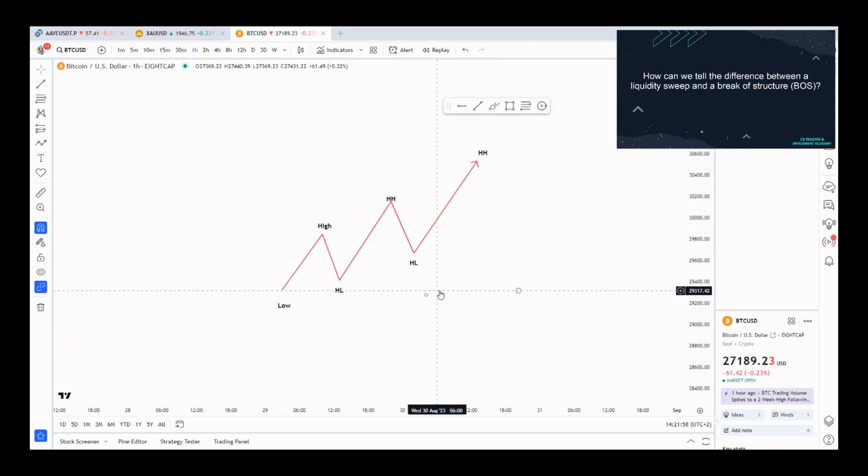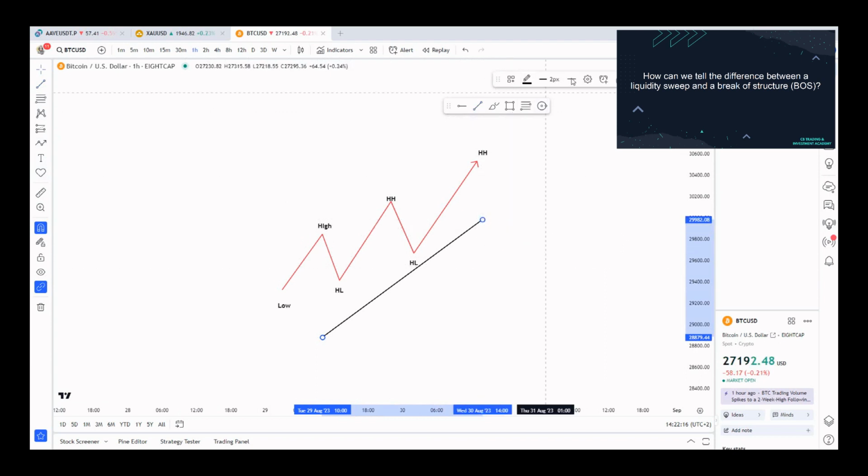So what does a break of structure mean? It just means you have a low high, makes a higher low, and then a higher high. So the trend is moving up. We have a trend in this direction, a bullish trend.